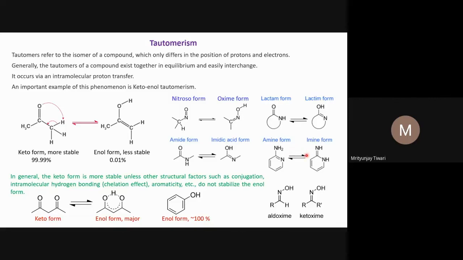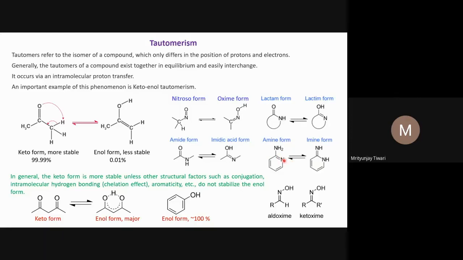Similarly, amine and imine. Amine and imine is also a bit important. Some kind of chemical transformation you may see, particularly in the organocatalytic reactions, where the amine and imine form conversion is important. So this is amine form. As you see here, this is NH2 group, and so this is amine, and the NH double bond NH group is called imine form. Any compound having double bond NH, you can say it is an imine unless it is part of the aromatic group.